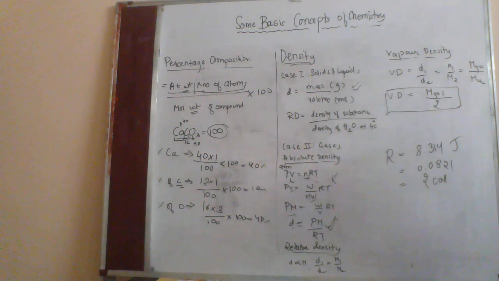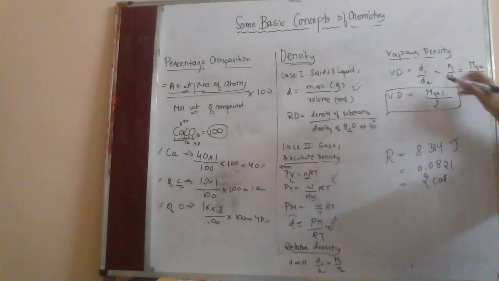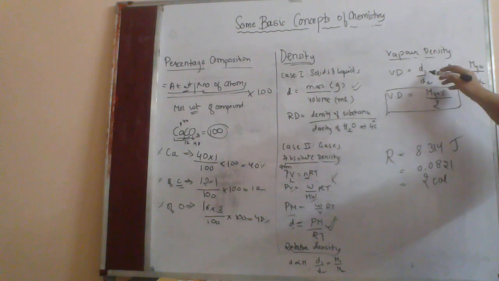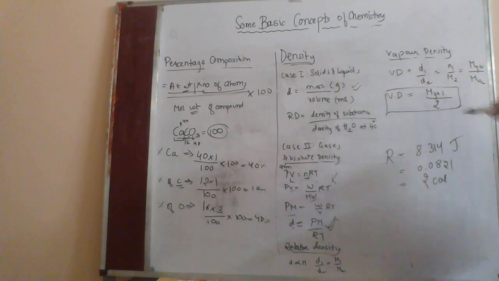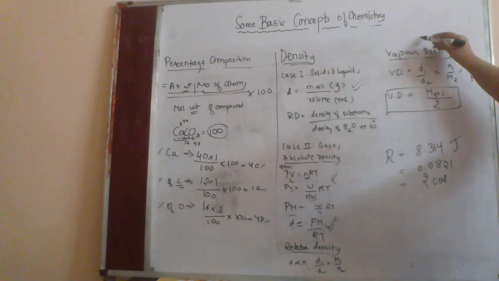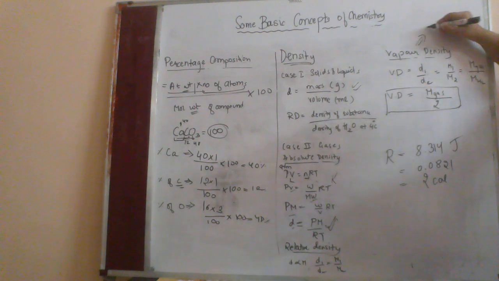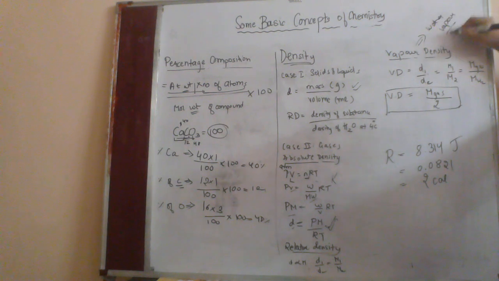Now coming to vapor density. Vapor density is what? Again we will take the same one, D1 by D2 is equal to M1 by M2. While here the word vapor comes, so we will take it as water vapor, right? So that is H2O.